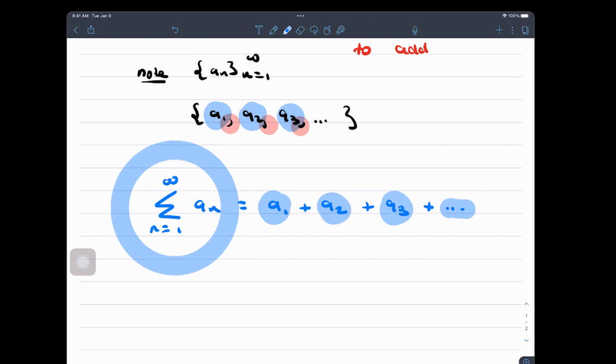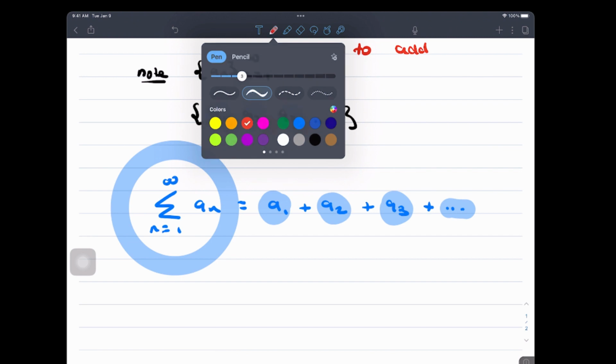This is your infinite sum, ladies and gentlemen.